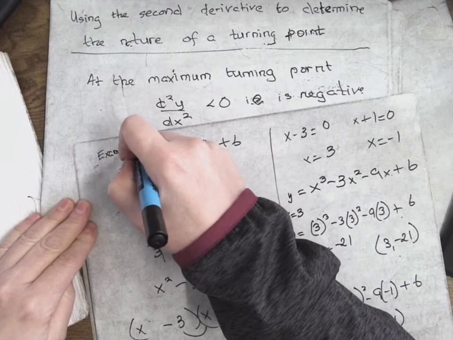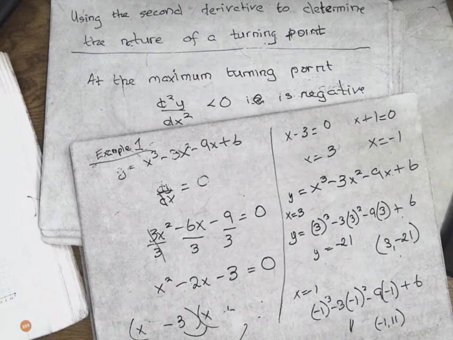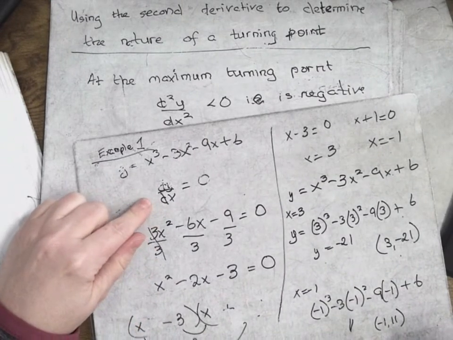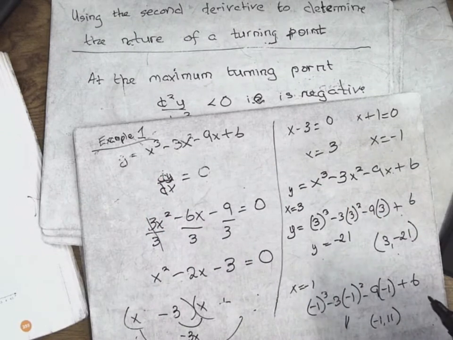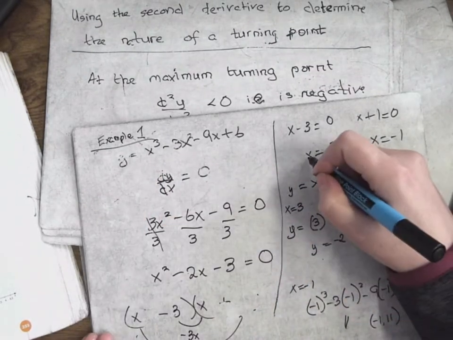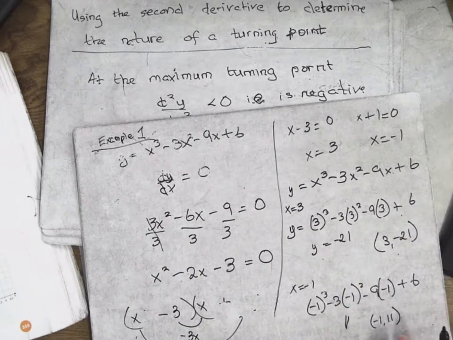So it's the exact same steps as we were doing last night. You get dy dx, you let dy dx equal 0, you solve for x, then you get your matching y values, and then we're going to use d2y dx2 to determine whether it's a max or a minimum. Why would you do this?